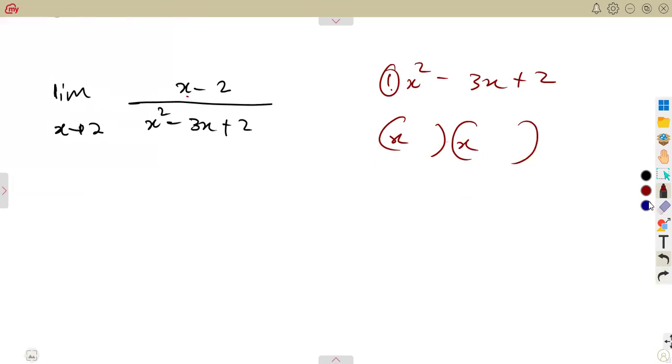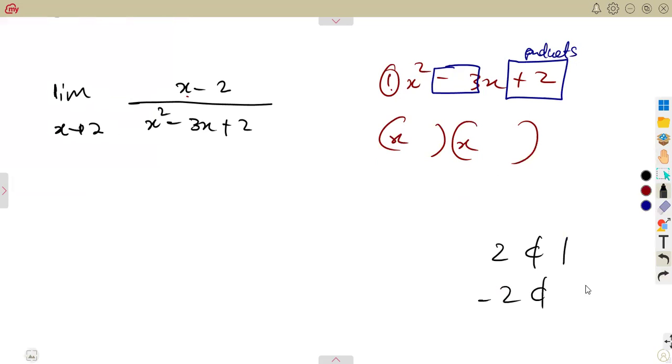Then we consider the factors of 2 that will add up to negative 3. There are so many factors of 2: 2 and 1, minus 2 and minus 1. But the pair that adds up to negative 3 is negative 2 and negative 1.